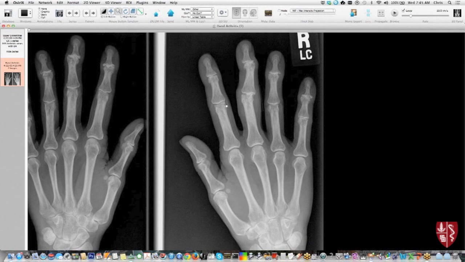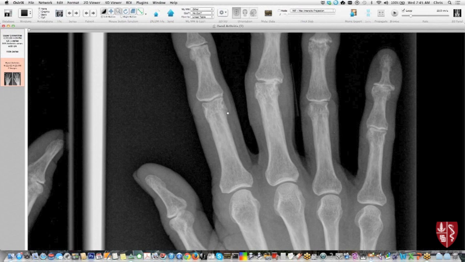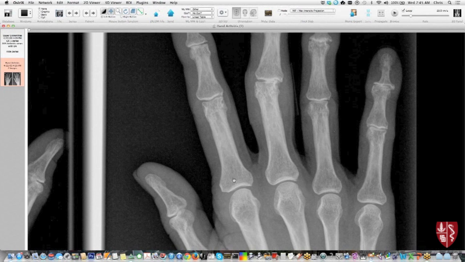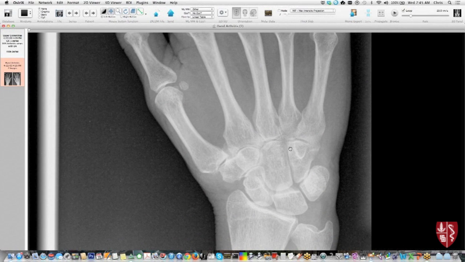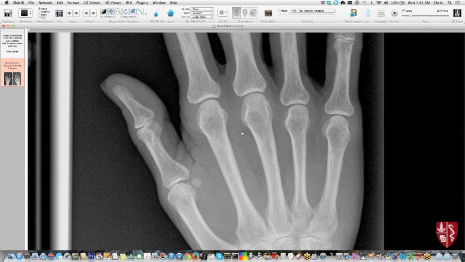If we focus in on the right hand in this patient to start out, going more proximally here, you want to look at the intercarpal joint spaces and the radiocarpal joint spaces. In this patient, they're fairly normal. Moving down into the MCP joints here, they're pretty normal and fairly uniform as you go from 2 through 5 across here.